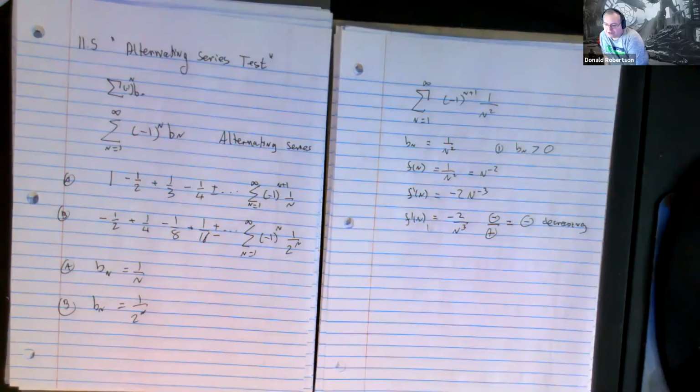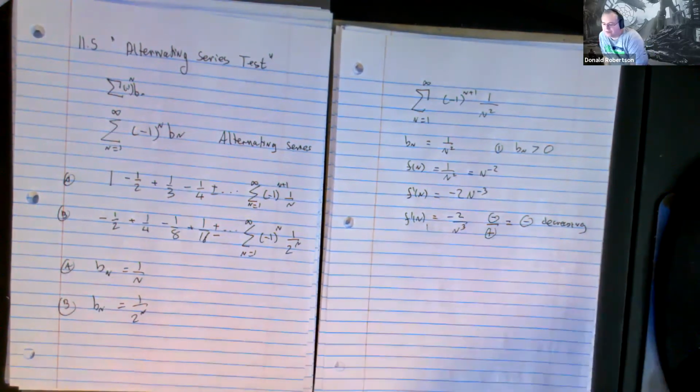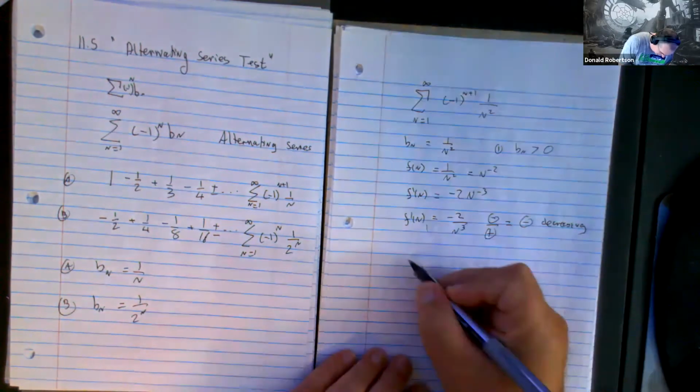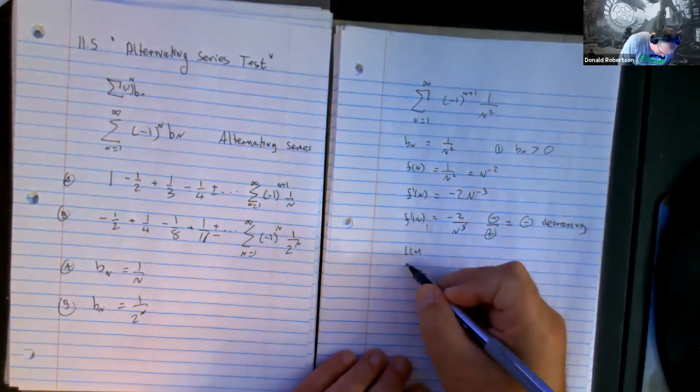Would you agree that's a pretty quick proof of decreasing? I found its derivative and then I discovered that its derivative is always going to be negative, at least for n equals 1, 2, 3, 4, 5, things like that. So the last part of the test is actually, let's find out what this limit is.